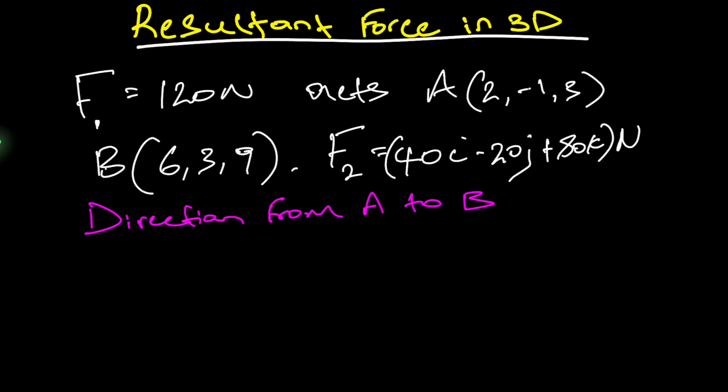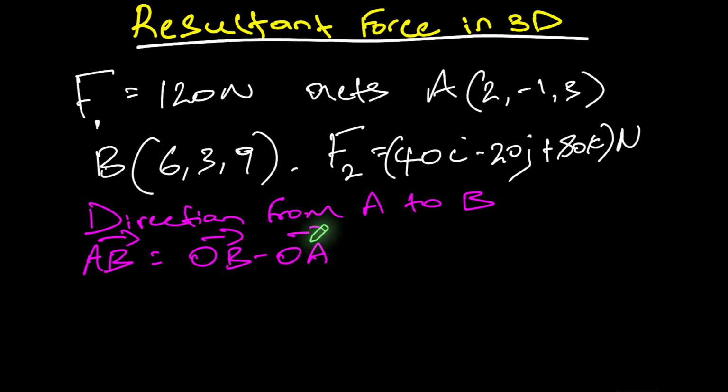So how we write that in vector form is vector AB equals OB minus OA, and these are all vectors. In terms of the logic of that, I'll sketch a side note here in case you don't get this bit.